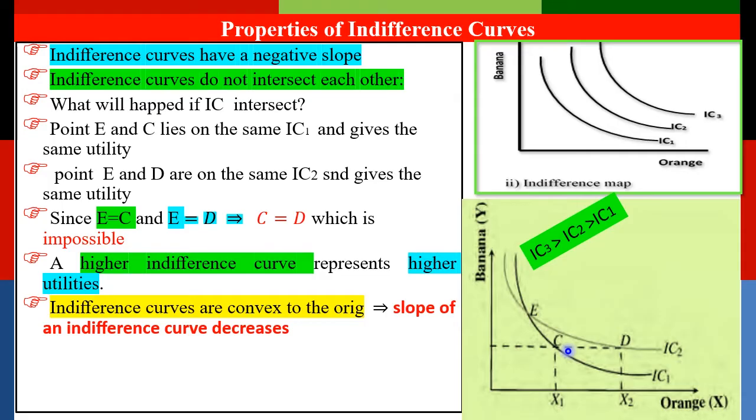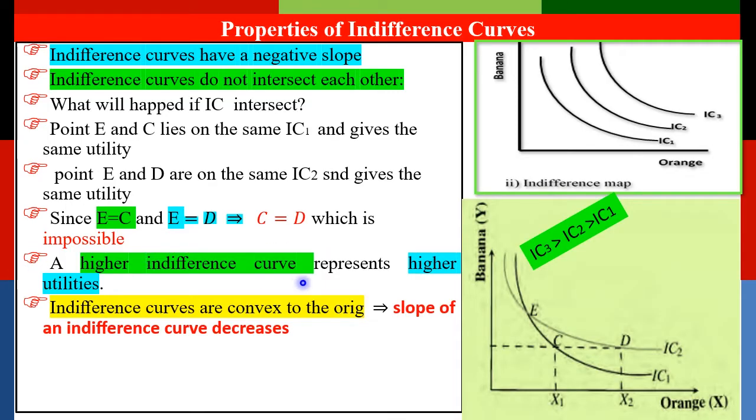The ambiguity. We said that the higher indifference curve represents the higher utility. For example, when we take point D and point C, point D represents higher utility than point C. It's not equal. This is what we mean by the intersection of indifference curves, which may cause ambiguity in understanding.